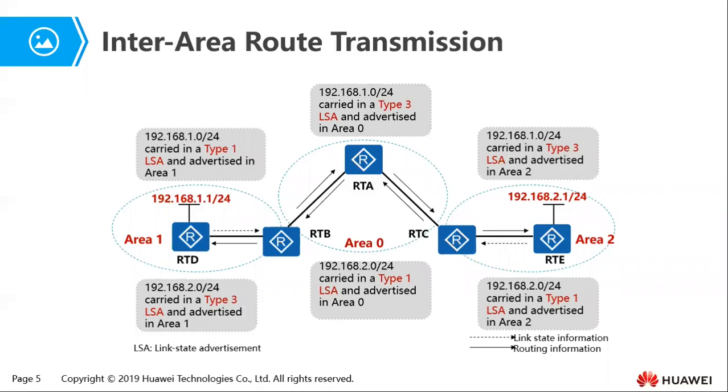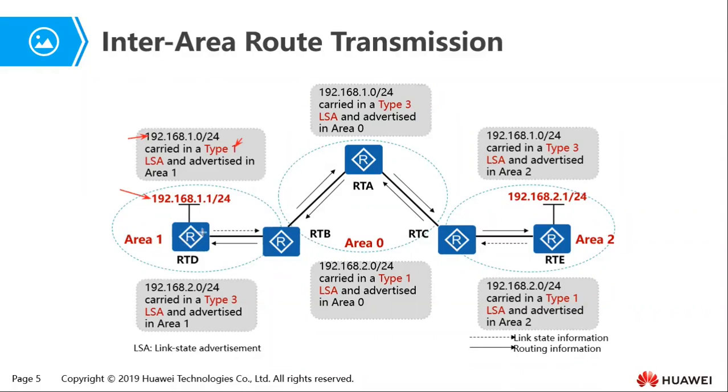Inter-area route transmission. Here, I want to explain how this happens. RTD is connected to this network segment 192.168.1.0. This network segment will be carried in a type 1 LSA, a router LSA, and advertised in area 1.